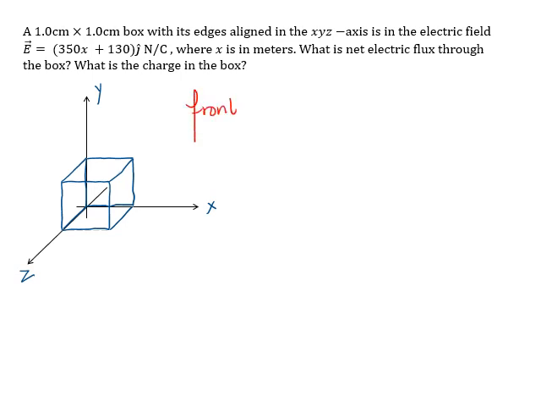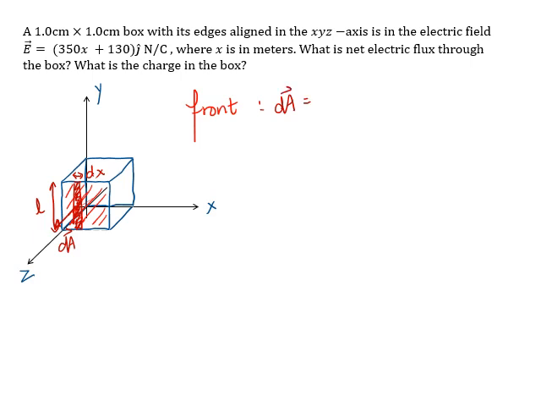So for our front face, this is our front face. We've shaded it in. We see that x varies. We need to identify some little bit of area. I'm going to pick a rectangle that has a width dx and a length L. So my dA points straight out.